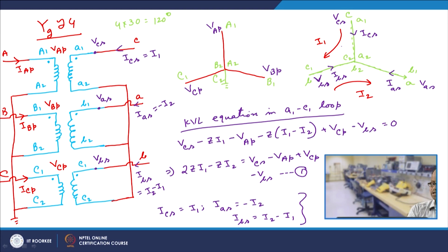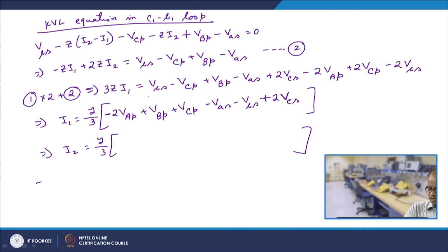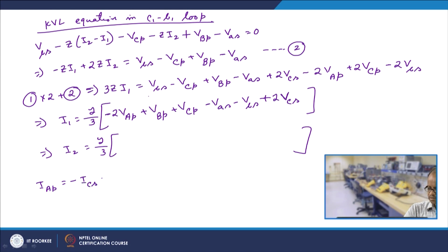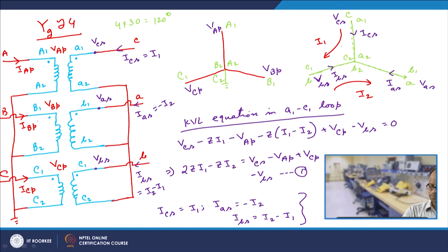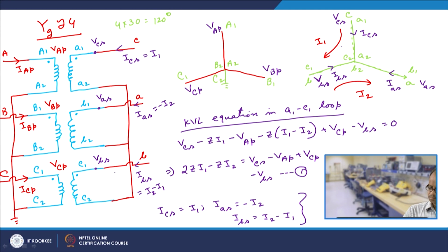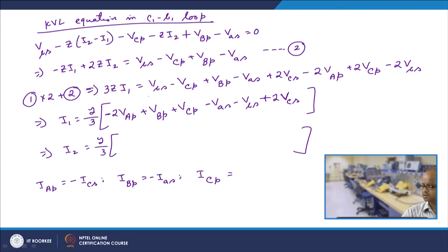So if this is IAP, then IAP is equal to minus ICS, IBP is equal to minus IAS, and ICP is equal to minus IBS.